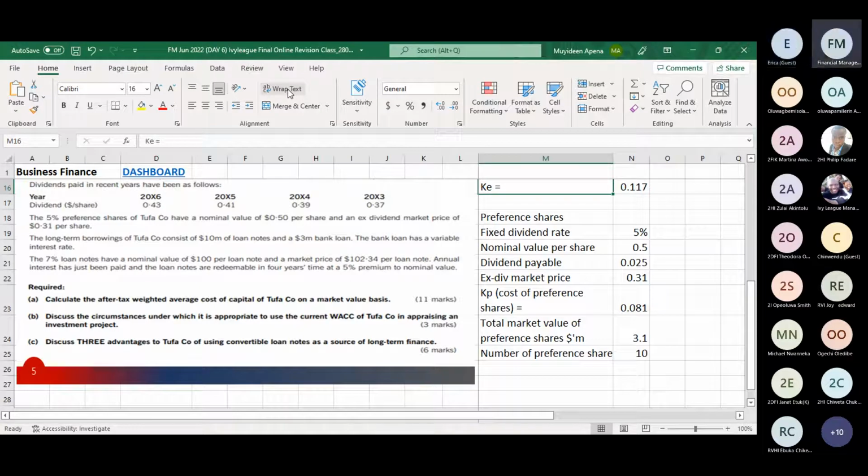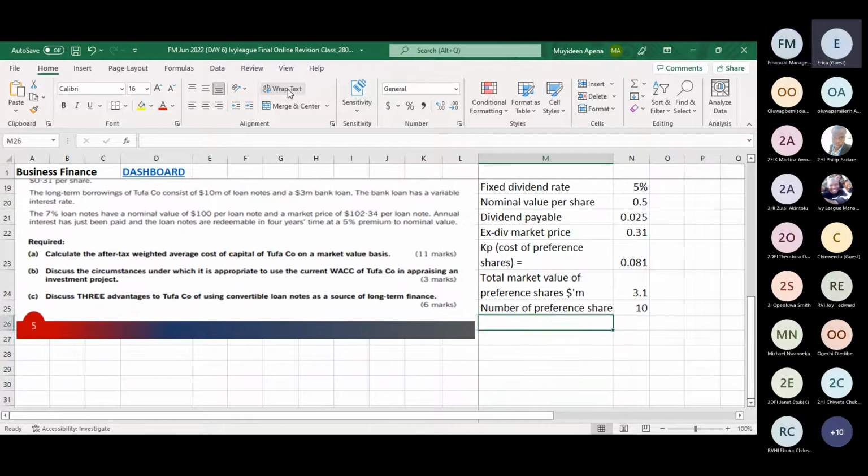The 7% loan notes have a nominal value of $100 per loan note and a market price of $102.34 per loan note. Annual interest has just been paid and the loan notes are redeemable in 4 years' time at a 5% premium to nominal value.